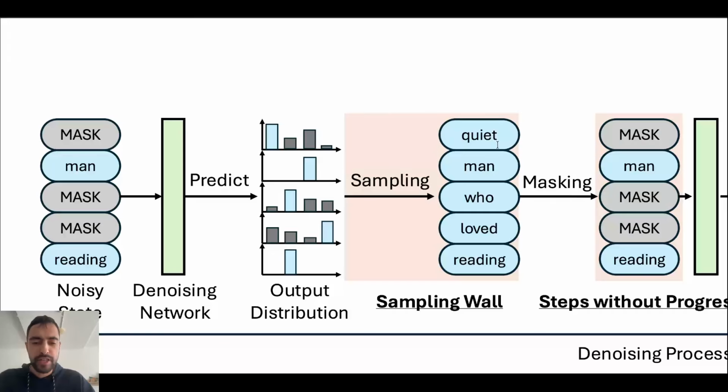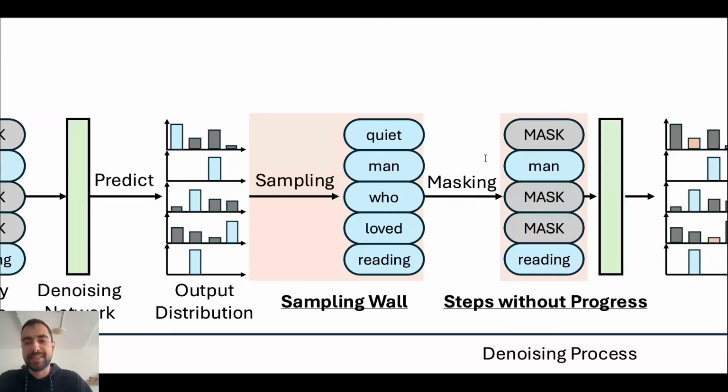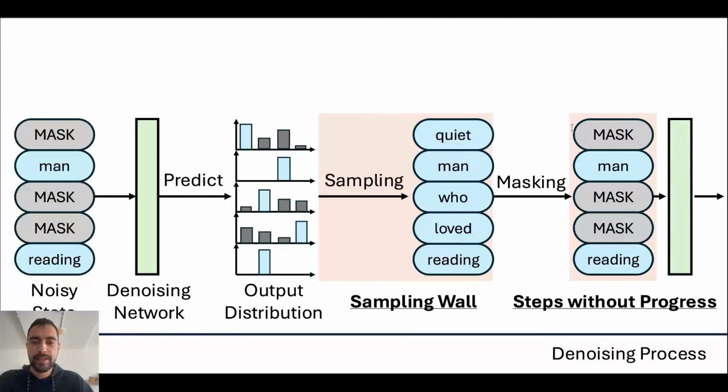Now, depending on if you are using masked diffusion LLMs or uniform diffusion LLMs, some of these tokens might get masked again. So in uniform diffusion LLMs, some of them get masked again. In this case, it's the same tokens as previously, but it doesn't have to be.